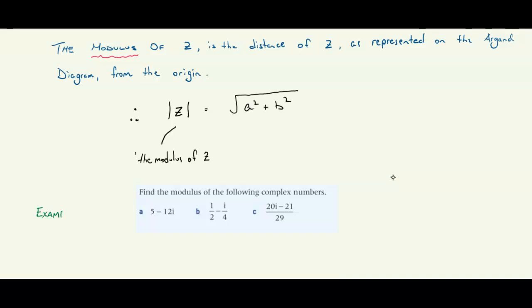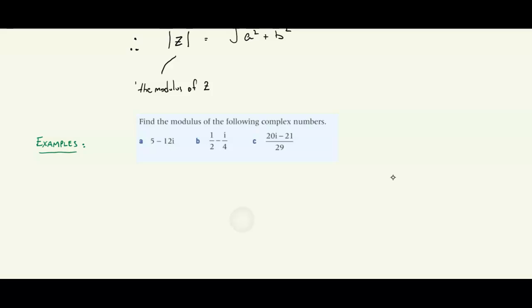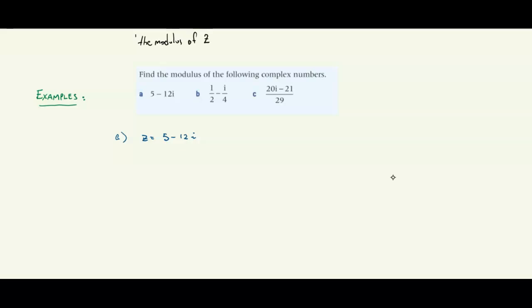Okay, so let's do a couple of examples before we go and do question 2 from 3F. In part A we have z equaling 5 minus 12i. I want to find the modulus of it, so for this example we might just have a little look at it. 5 on my real axis, and minus 12 is going to be way down here somewhere.